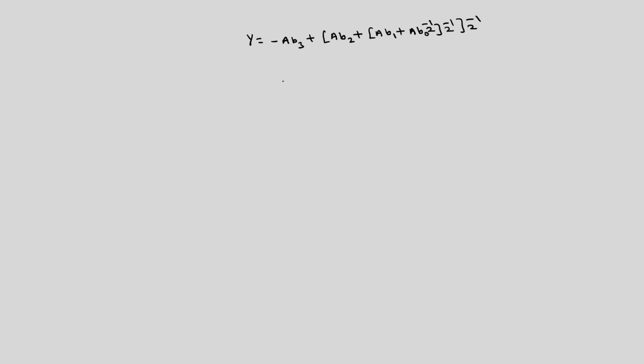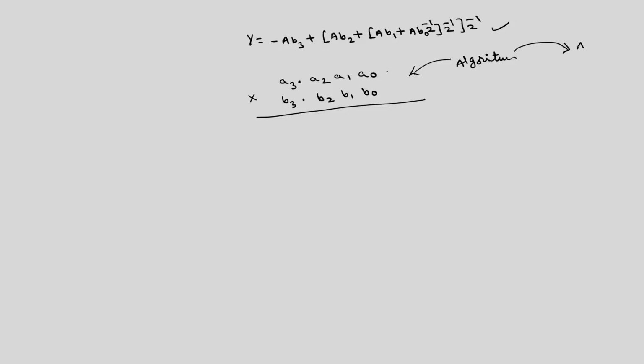So, now if I take the multiplication of A3 dot A2 A1 A0 into B3 dot B2 B1 B0, first I will develop the algorithm using this Horner's rule, then I will map this algorithm onto the architecture. Here I am going to develop the algorithm. Later I will map this algorithm onto the architecture.